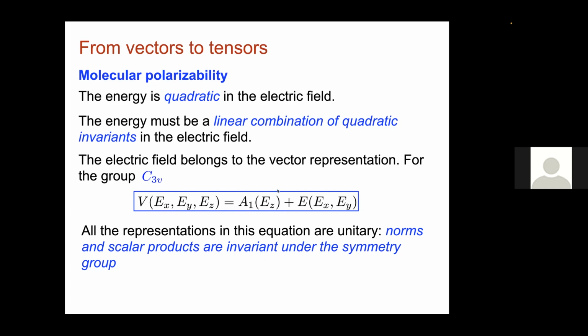But also, and this is something that you wouldn't know, this representation A1 is unitary. So the norm here, which is EZ squared, is invariant necessarily. Why? Because this representation is unitary. So the norm of this vector EX, EY, which is EX squared plus EY squared, must also be invariant. Okay. So immediately I have two invariants.